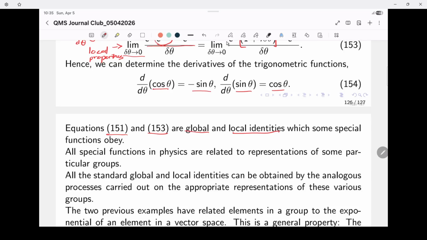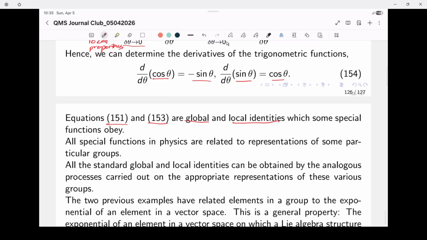And all these special functions that you learn in physics are actually related to the representations of some groups, even though you are not being taught that by your subjects. So that's why it's good if you understand a little bit of group theory, so that you can start to see how it all relates together.